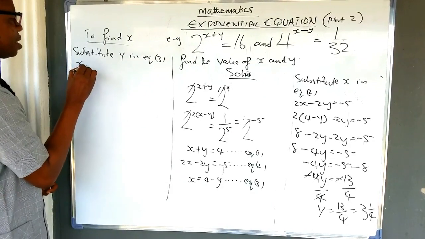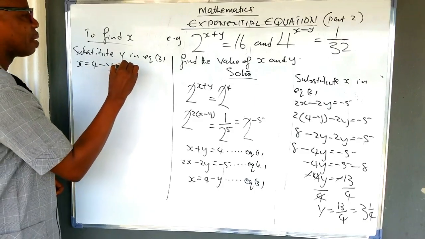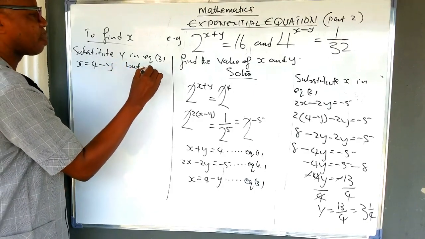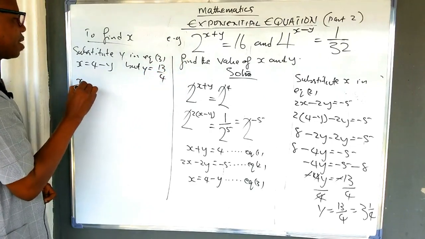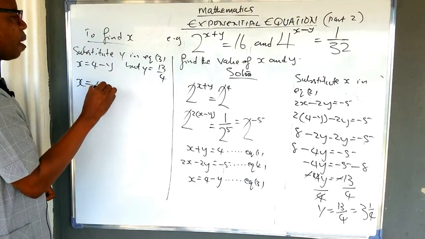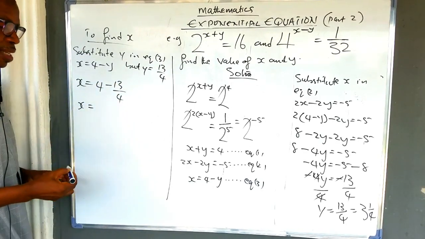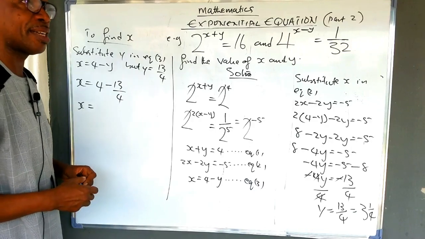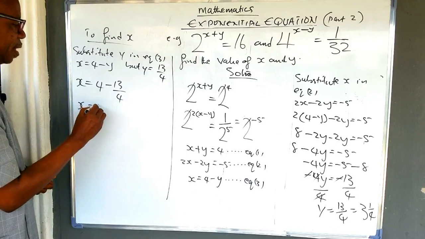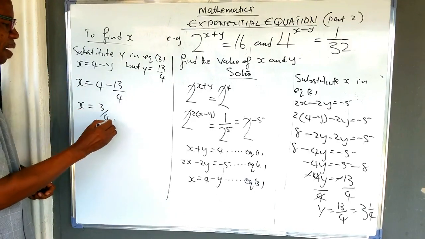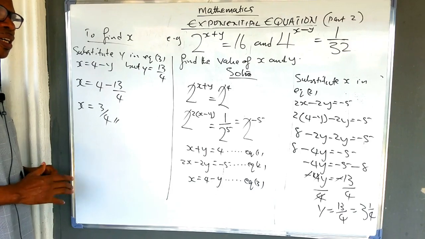So right now, since I have that x is equal to 4 minus y, and y is equal to 13 over 4, that means that x is equal to 4 minus 13 over 4. And with your calculator, which you are permitted to use at SSCE level, it will simply give you 3 over 4. And that is the answer.